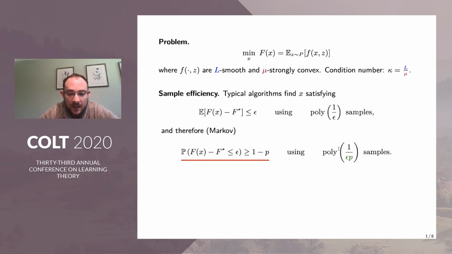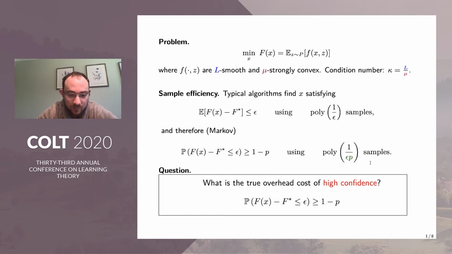And so the scaling poly 1 over epsilon is expected. That's what you get for expectation, but scaling poly 1 over p doesn't seem natural, and the question is, can that be improved? So can the dependence poly 1 over p be improved, let's say, to be logarithmic in 1 over p?